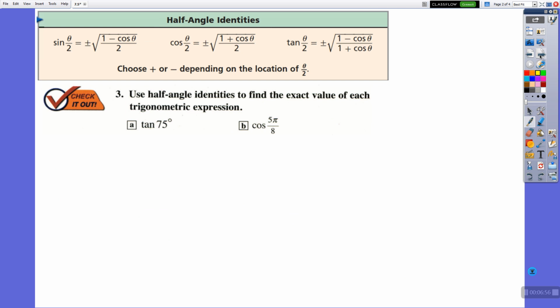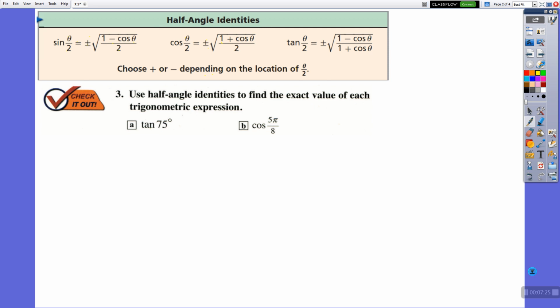Here we have half angle. The previous one was double angle, now it's half angle. Sine of theta over 2 is given as either positive or negative, depending on the location of theta over 2, square root of 1 minus cosine theta over 2. For cosine of theta over 2, it's either positive or negative, square root of 1 plus cosine theta over 2.